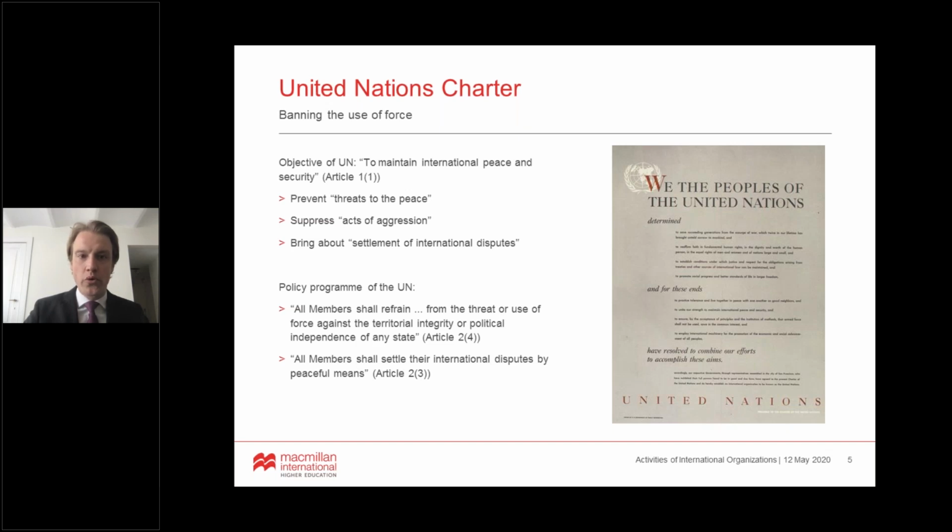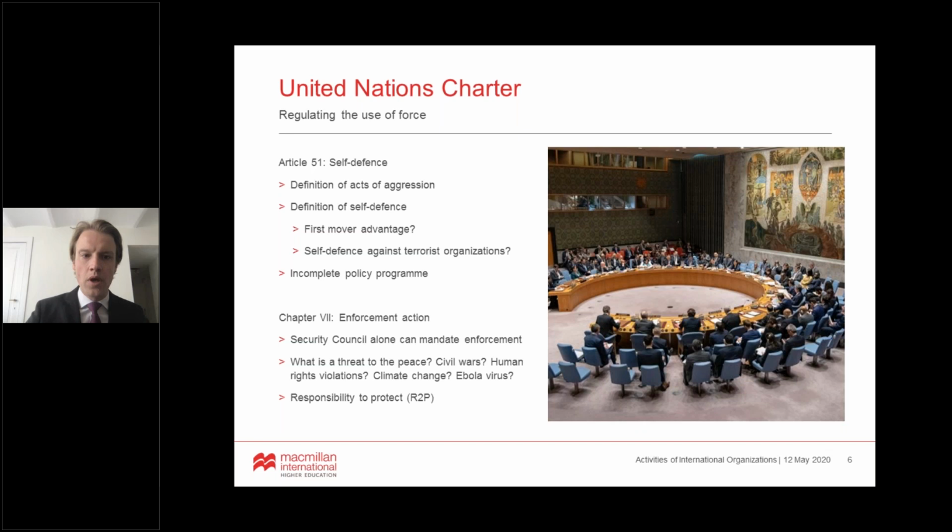The policy program also stipulates that all members shall settle their international disputes by peaceful means, Article 2.3. So essentially, the UN Charter bans the use of force between states. And that's an example of the type of regulation that the UN establishes. Now, as you well know, wars still take place, and in that sense, the UN Charter is also incomplete, because there are two exceptions to the use of force.